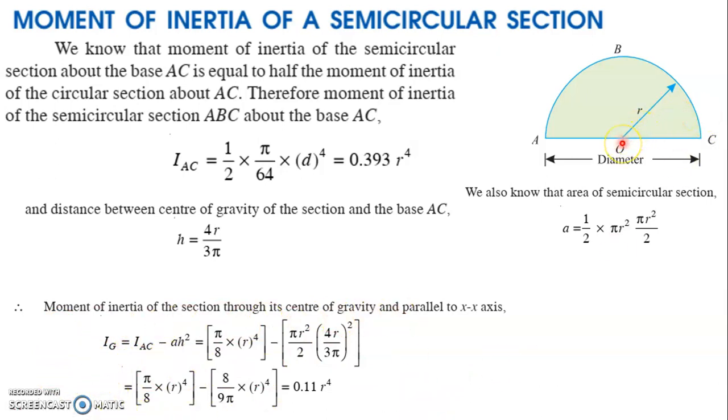So about base is about centroid plus A h square. So about centroid equals about base minus A h square, which gives the moment of inertia with respect to centroid. We did not study this equation. We just study this equation about the base, 1 by 2 into pi by 64 d raised to 4.